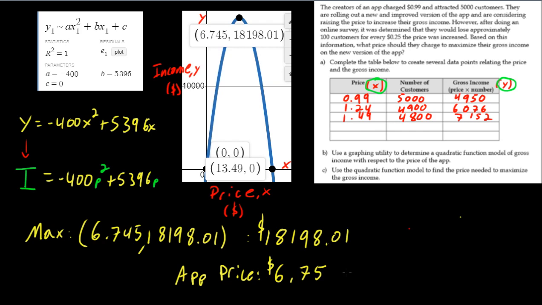There are some cool extensions to this question too, like with this price, how many customers would they get? That's an interesting question as well. Kind of far off from our course. Maybe that's a grade 12 type of question, but I'll leave that for you to ponder. If I were to extend this table all the way down to get to my absolute maximum app price with my maximum gross dollars, how many customers would that be?